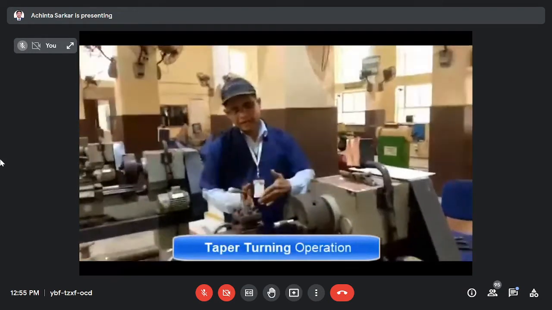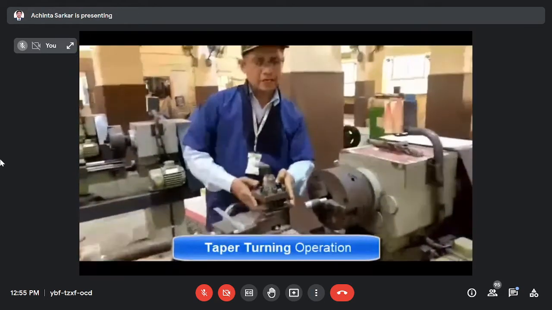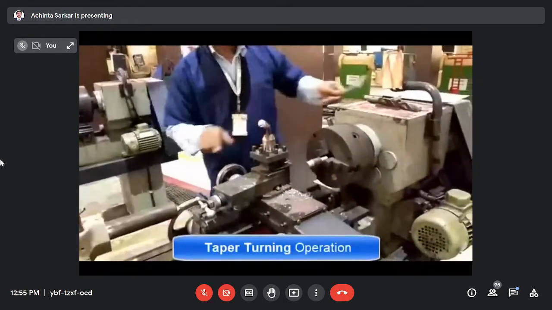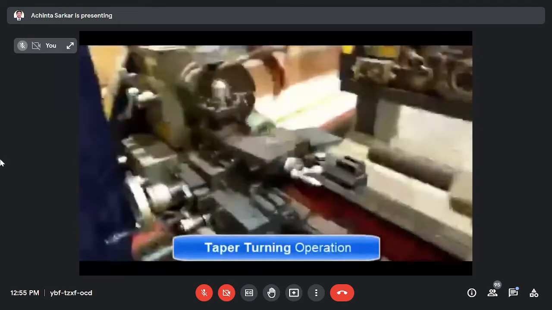That 8 degrees will be set in the machine, so that the path of the cutting tool moves angle-wise to the axis of the workpiece. See here, I loosen this knot and this knot.